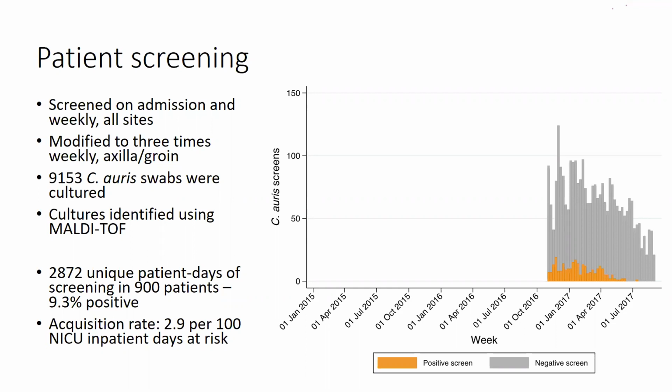We were simply plating screens out on SAV agar and then identifying Candida auris by MALDI-TOF. We weren't doing any enrichment, but were still getting pickup rates of around 9% of screens being positive, and an acquisition rate which we worked out as being about 3 acquisitions for every 100 inpatient days on the neuro ICU.